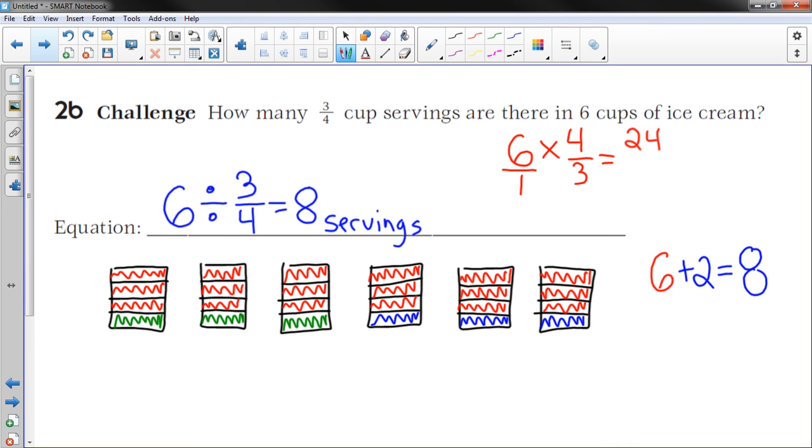And you multiply the bottom numbers. 1 times 3 is 3. And then this is where you have a small division problem because 24 over 3 is the same as 24 divided by 3, which is 8. That's the math way. That's one your parents probably remember.